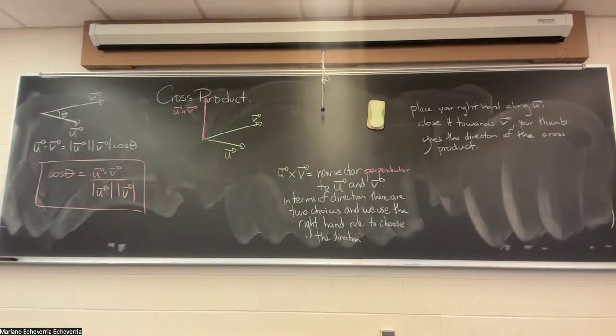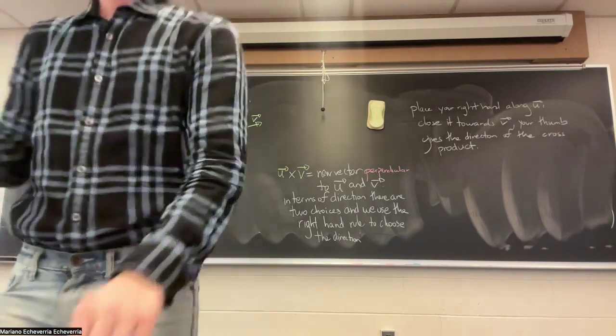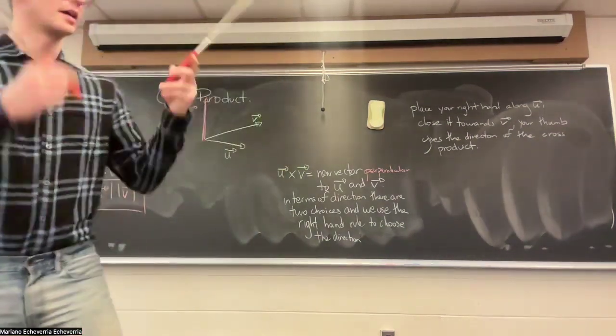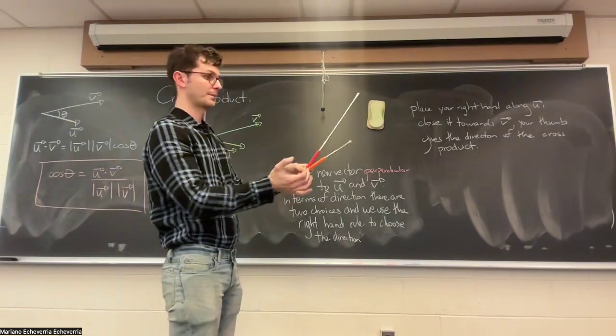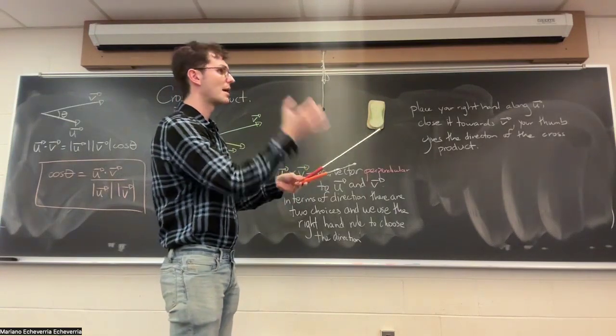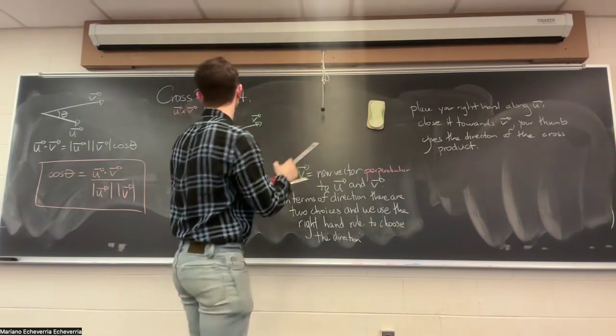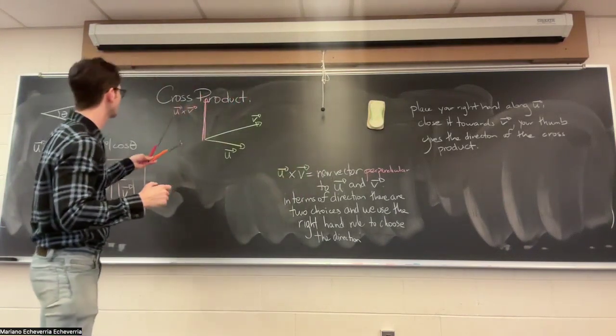Making sense so far? So if you look at this rule, going back to this example, to make U cross V, I place my right hand on the first factor.